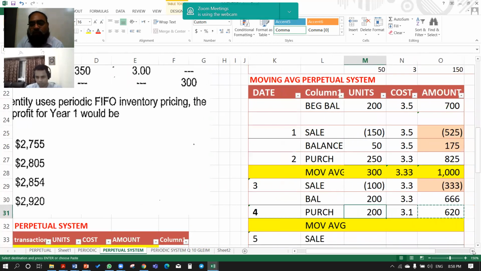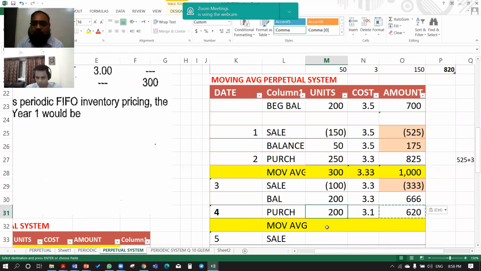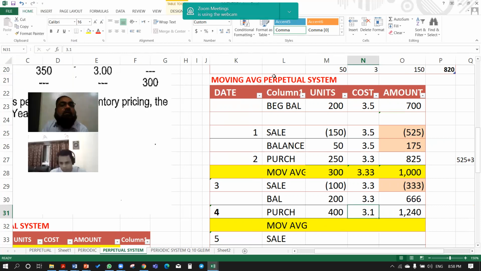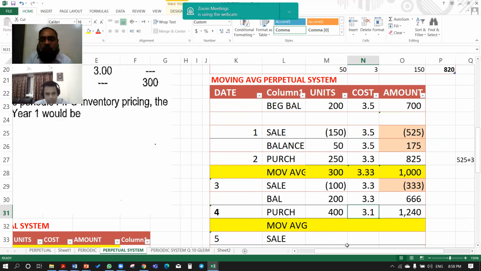So what will be the moving average now? How many units do we have? 400. How much is the value we have? 1906. Okay, I made a mistake, sorry.